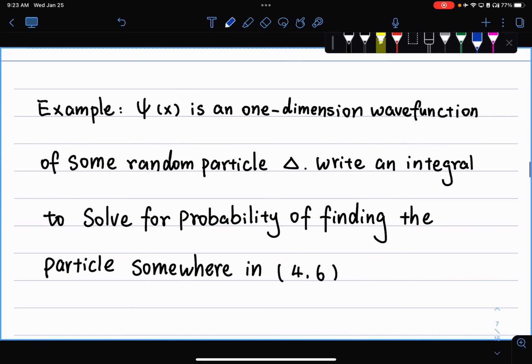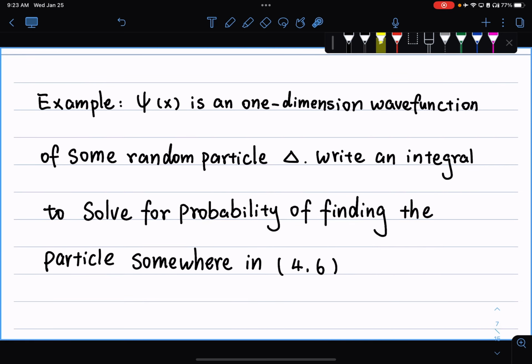Right, so follow up to the question. One of the applications of using the wave function is, say, imagine you have phi x, a one-dimensional wave function of some random particle, delta. And you write an integral to solve for the probability of finding this particle somewhere between 4 to 6.